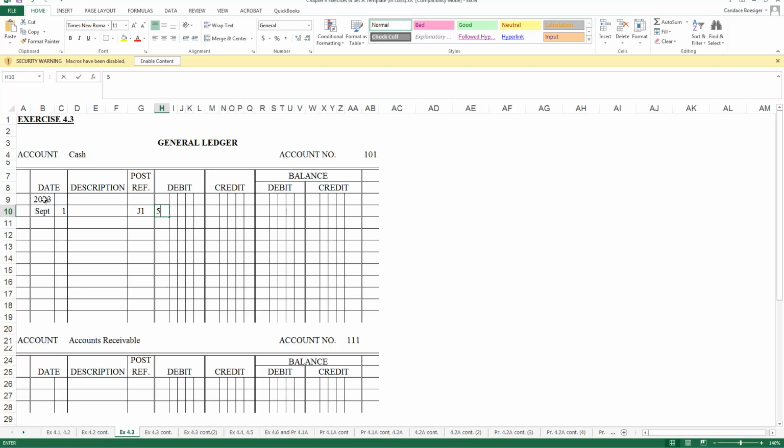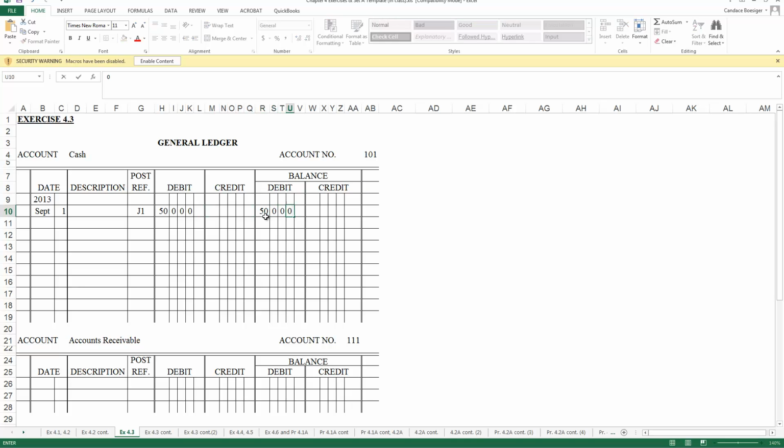And we had a debit of $50,000. And now, after that transaction, our ledger has a balance of $50,000 because that's the only thing that takes place in that account. So right over here, our balance is $50,000.